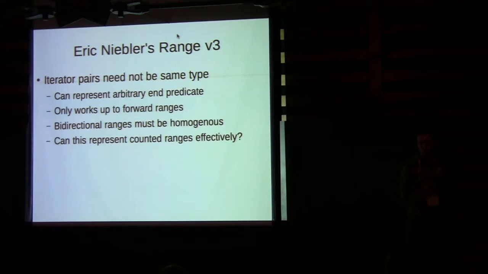For instance, a backtracking regular expression engine would be one. So you should be able to call a regular expression match on a C-style string without having to scan all the way to the end first to find the null terminator. You don't need to know where the end is.